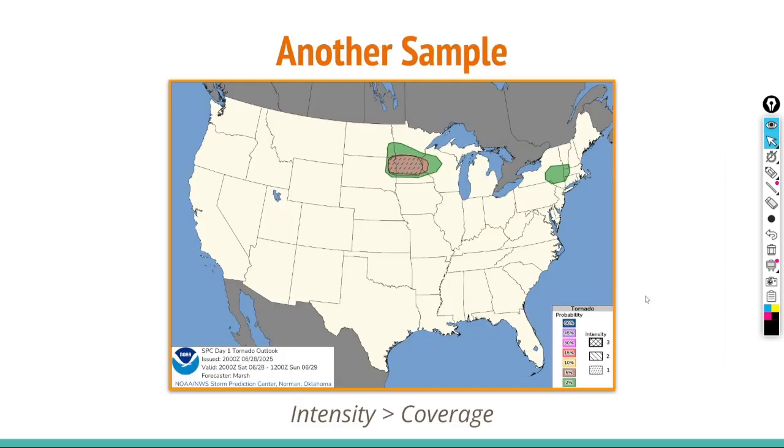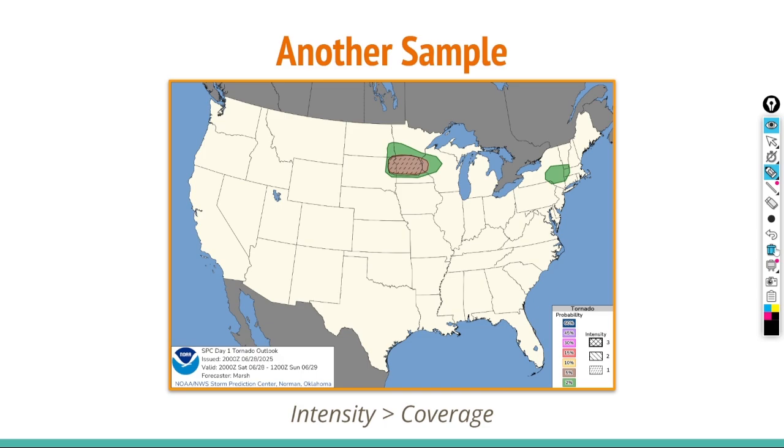Here's another sample to kind of show that severity or intensity over coverage. As you can see, this is a tornado outlook with a 2% and a 5% chance of tornadoes. And it shows significant in there, which before was a 10% chance or greater of significant tornadoes, EF2s or more.